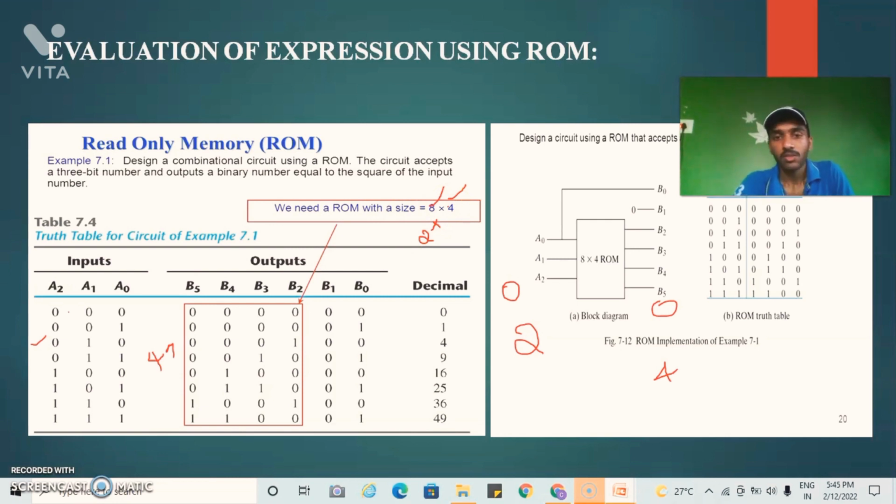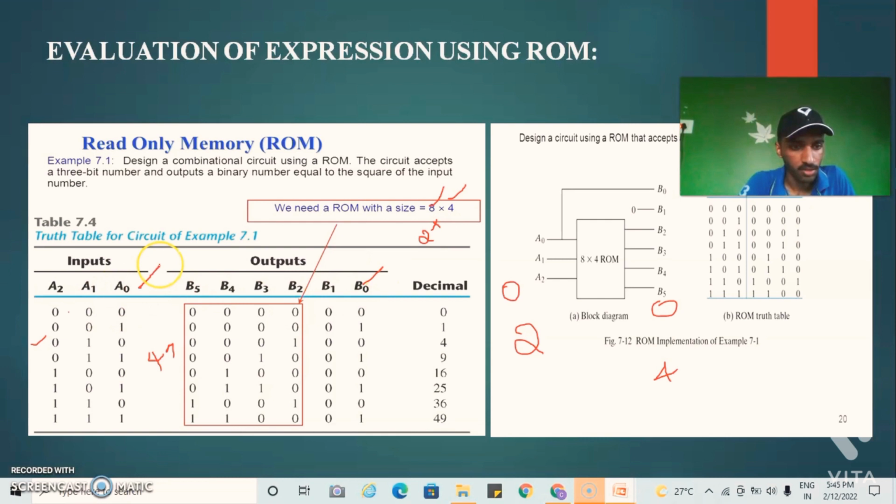But in every electronic practice, every scientist and every designer is willing to do circuit design in a very simplified manner. That's why here we can see that the whole b1 bit is 0, so we can give b1 directly as 0, and b0 is the same as a0.